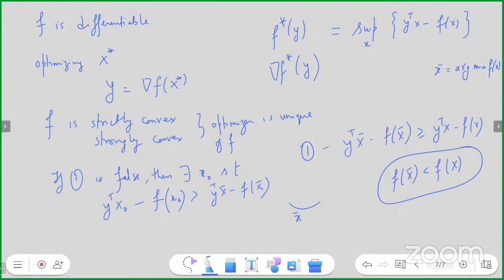And f of x naught is greater than f of x bar by definition, and that is greater than 0. So you got y transpose times x naught minus x bar greater than 0.